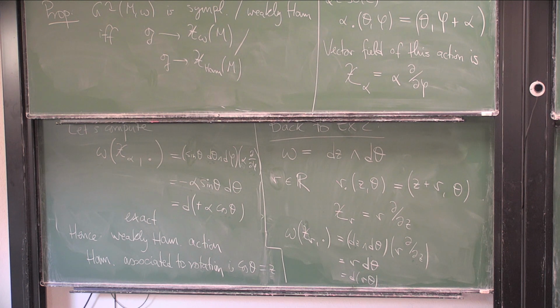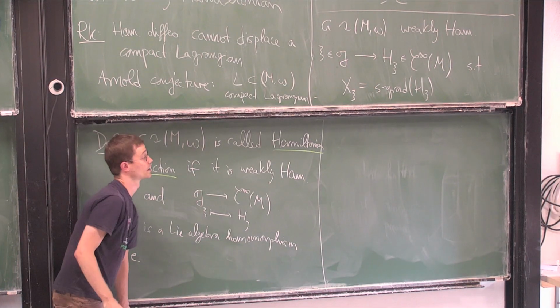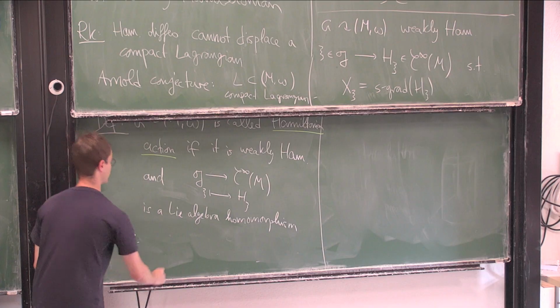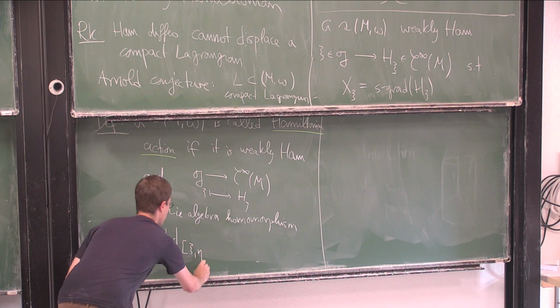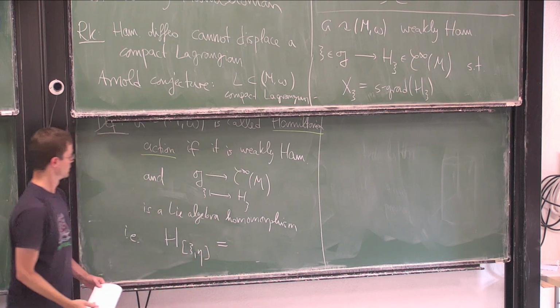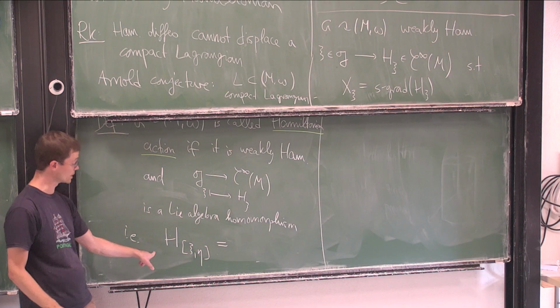Well, this is kind of a big term, but it just says the following. If you take H associated to the bracket of two elements, you take two elements in the Lie algebra, you take the bracket, you take the Hamiltonian associated to it.